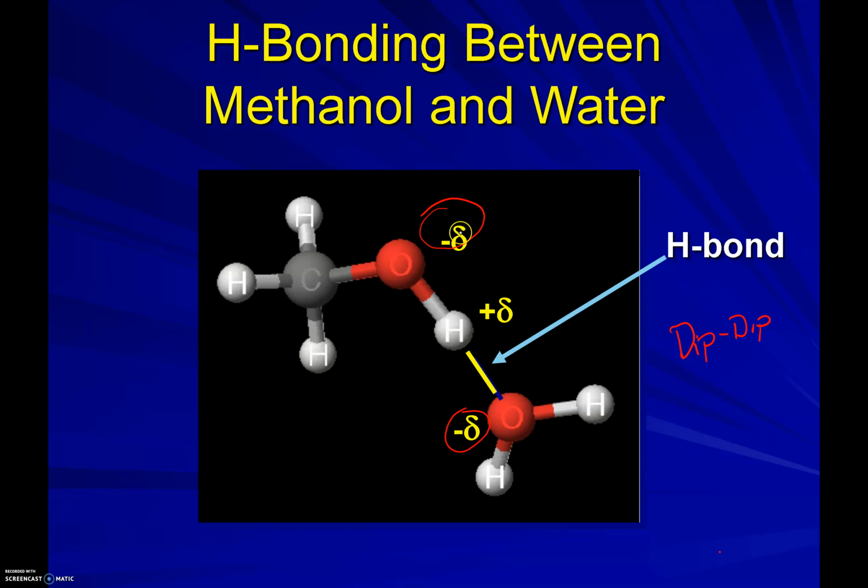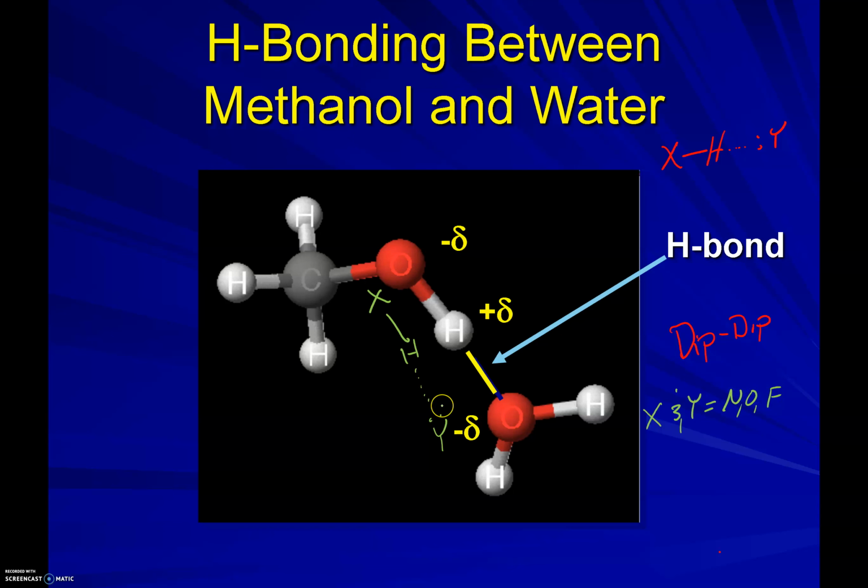And looking for that pattern that we talked about, of that X chemically bonded to H and then being attracted to the lone pair on some element Y, we can see by looking for that pattern, this is our X chemically bonded to our H, and then the oxygen here is our Y. And so this is considered hydrogen bonding because X and Y are equal to nitrogen, oxygen, or fluorine.